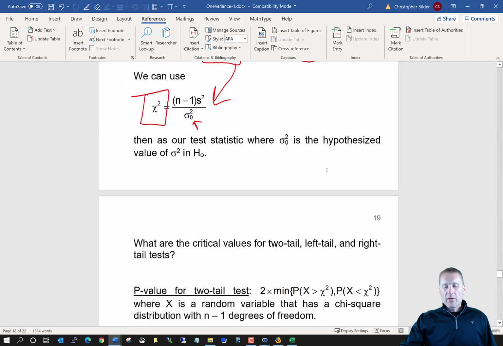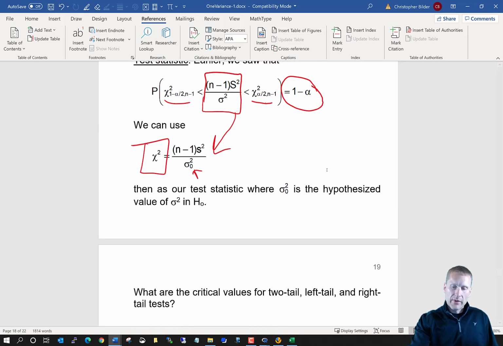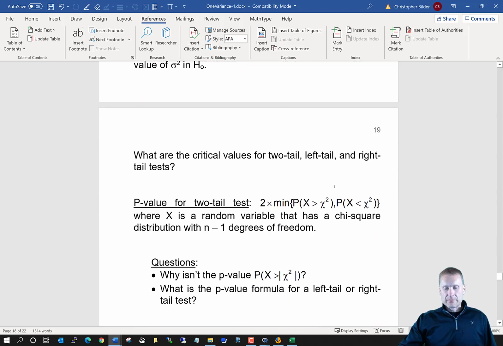So what are the critical values for a two-tailed test? Well, we see them right there. What are the critical values for a left tail or right tail test? It simply follows from this here. We will see shortly that being used in the example.